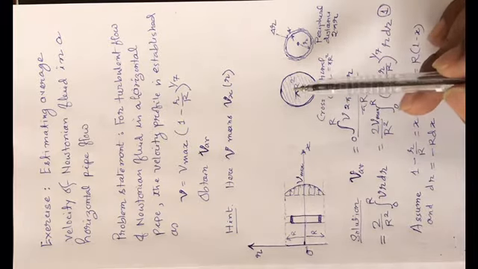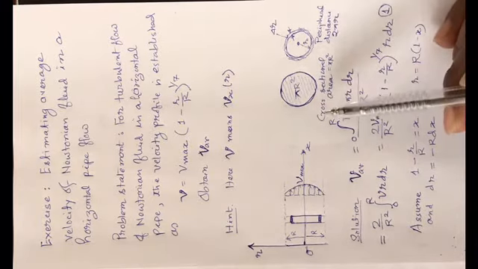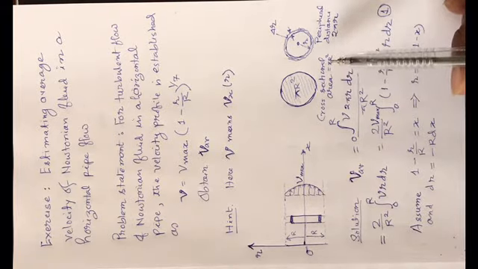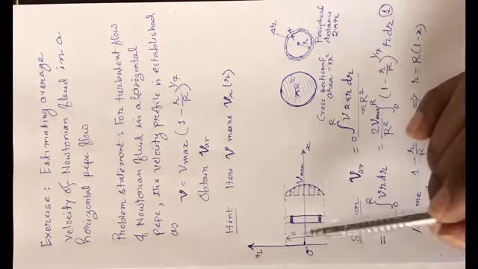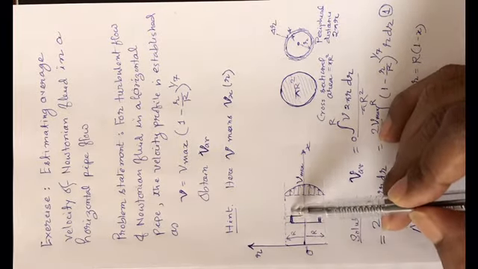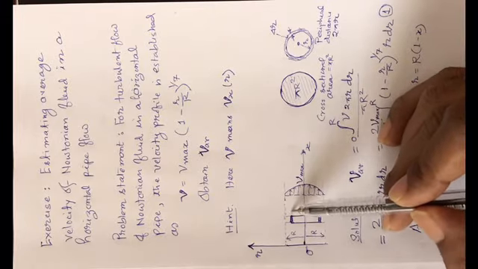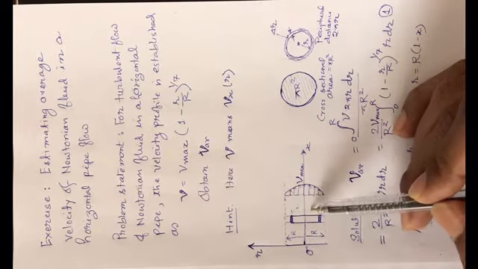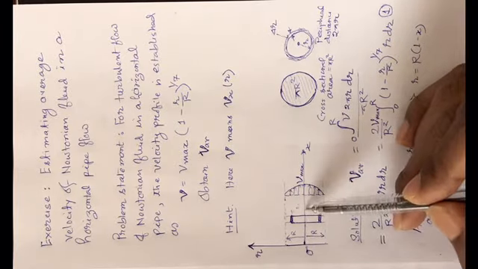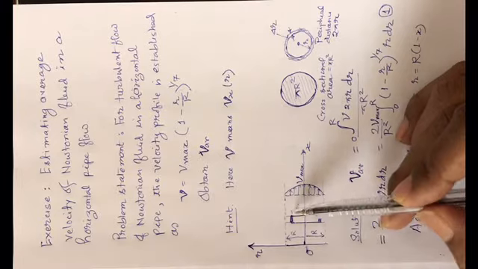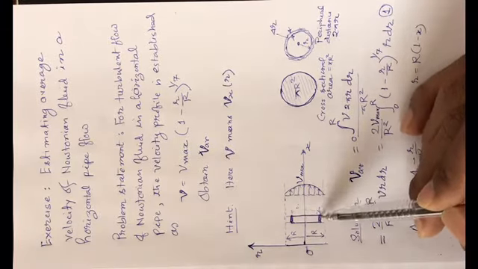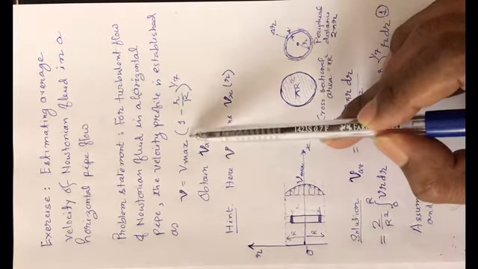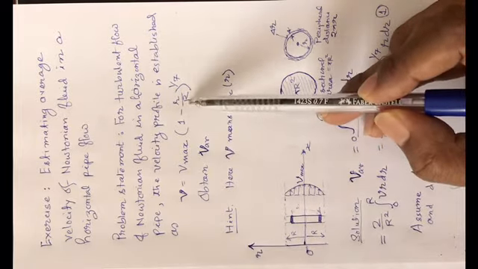So if we think about the area of flow, the cross sectional area of flow will be pi R square. And now you see in the problem it is said that at location r, any arbitrary location r, the velocity of fluid at that location in axial direction is given by this expression.